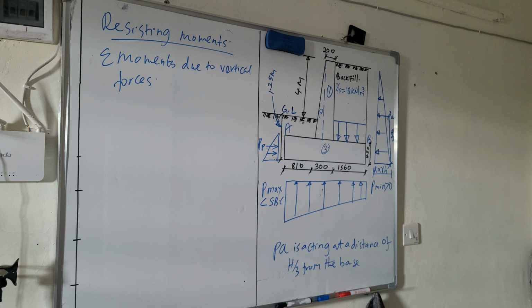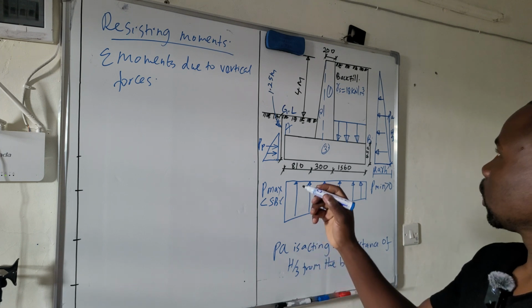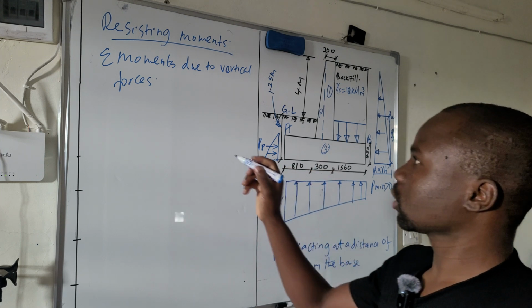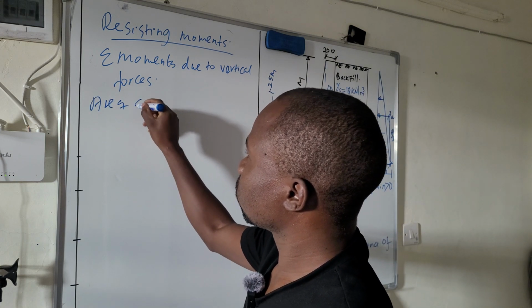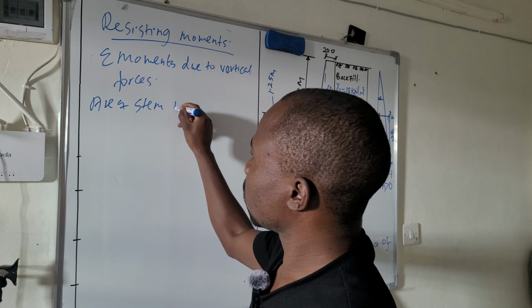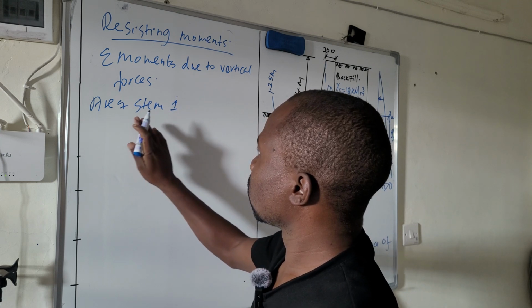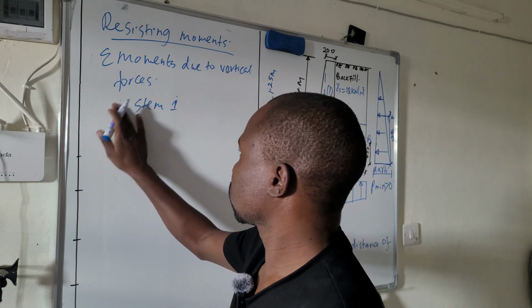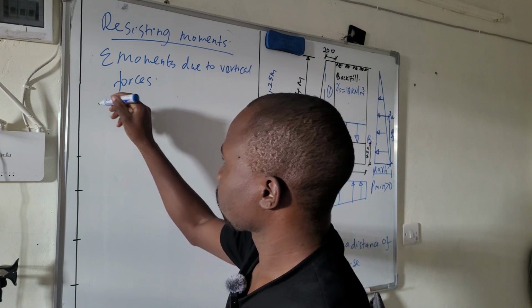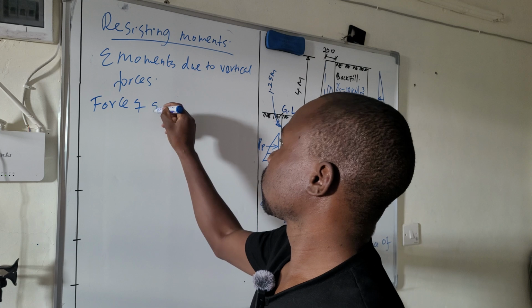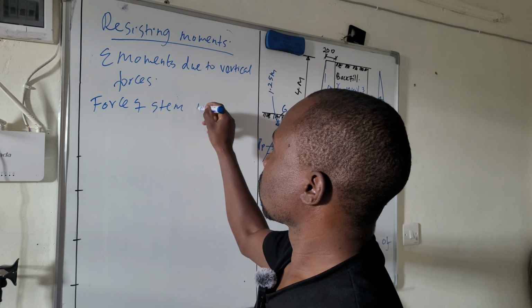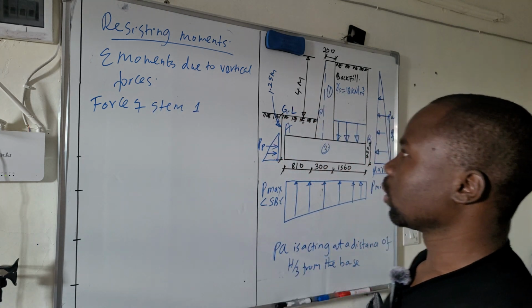So I will start with area number 1. Let's say stem 1.